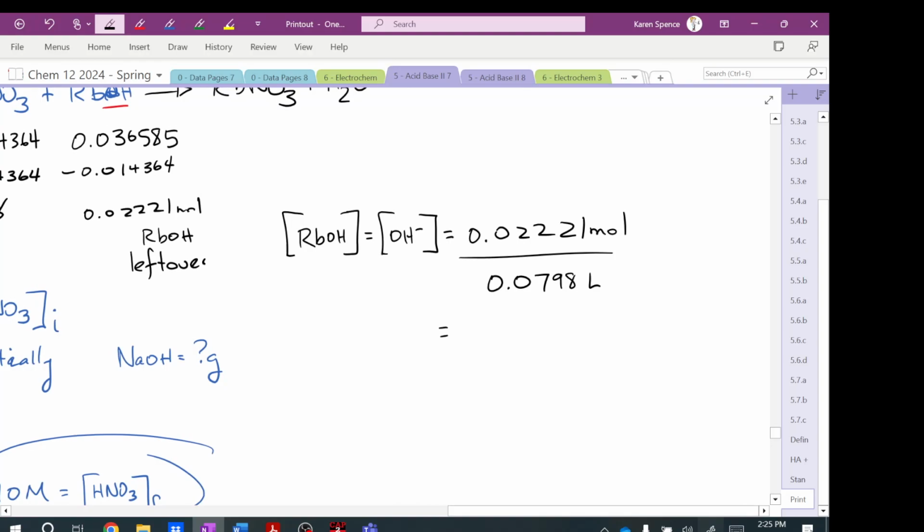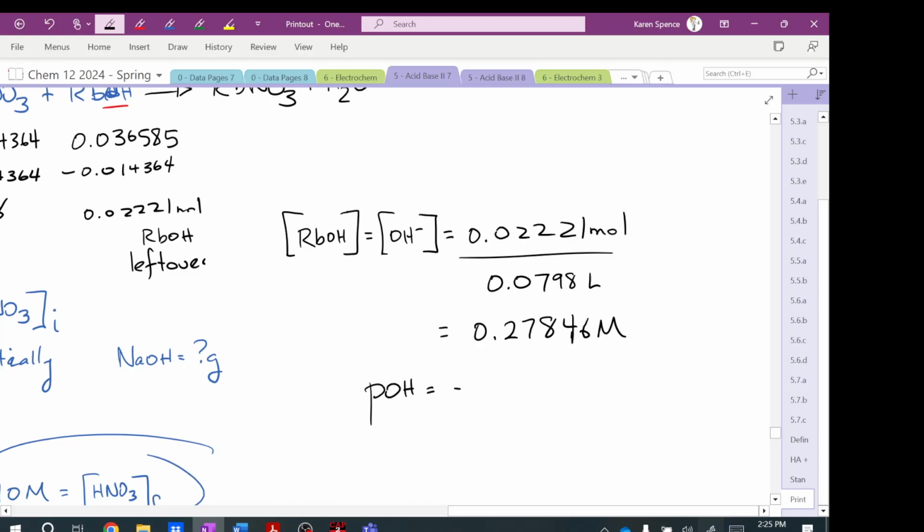You can save yourselves all these zeros by doing it in millimoles, but it's up to you. That equals 0.27846 molar OH minus.